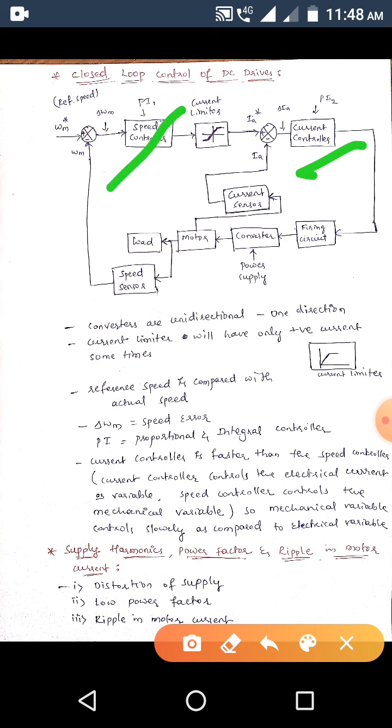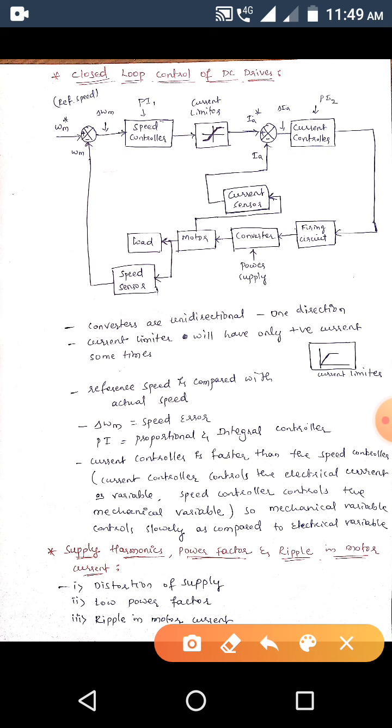Why? Because current controllers control electrical variables like voltage and current, but speed controllers control mechanical variables like speed, pressure and torque.